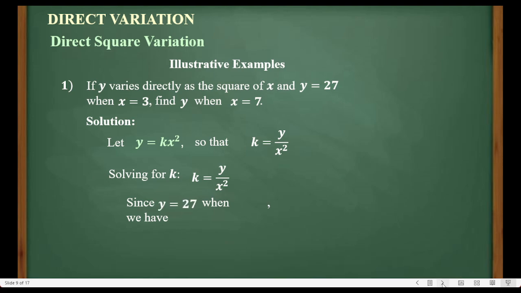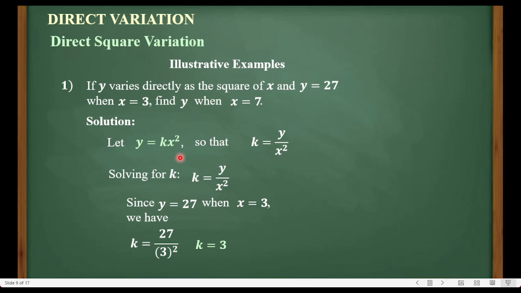The first one is y is 27 and x is 3. So plugging in these two values into this equation, the value of k can be computed as 27, which is your y, over 3 squared, which is x squared. And simplifying, k is 3.